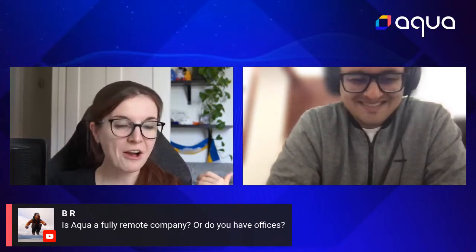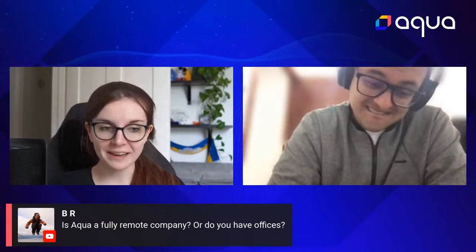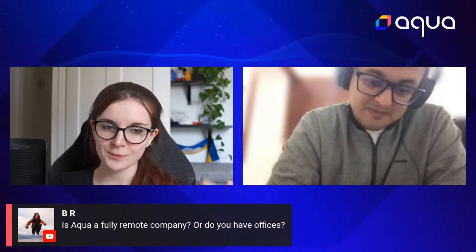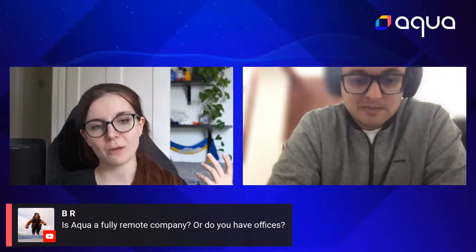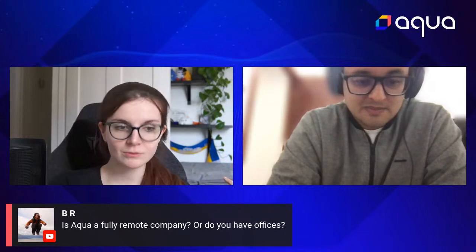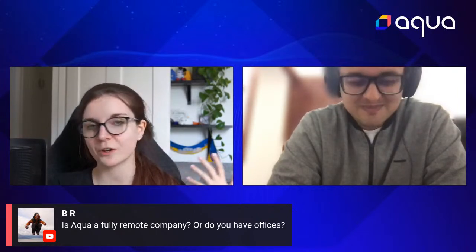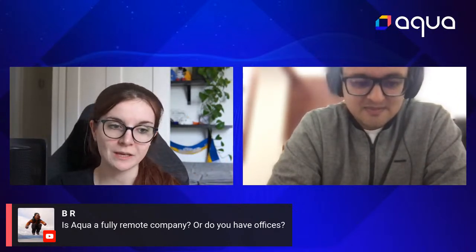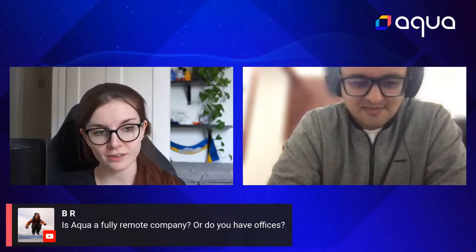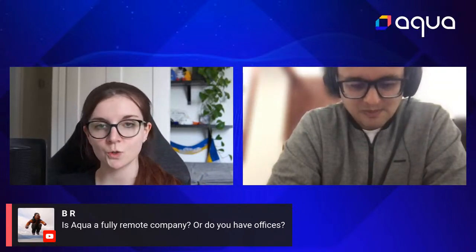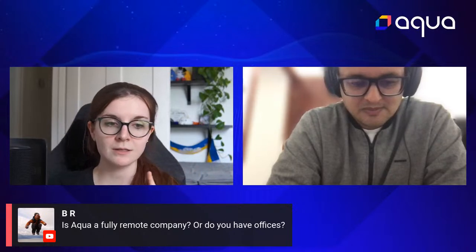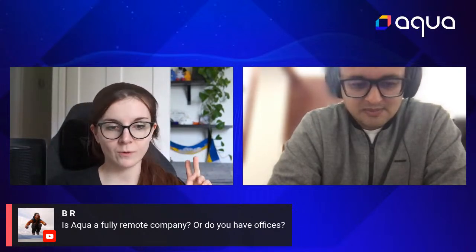So the open source team is mainly remote. I would say completely remote, because there's only an option to go to the office if you're close to one, but it's not a requirement for the open source team to be in proximity of an office. Now, Aqua has two main offices, one in Boston in the US and one in Tel Aviv.